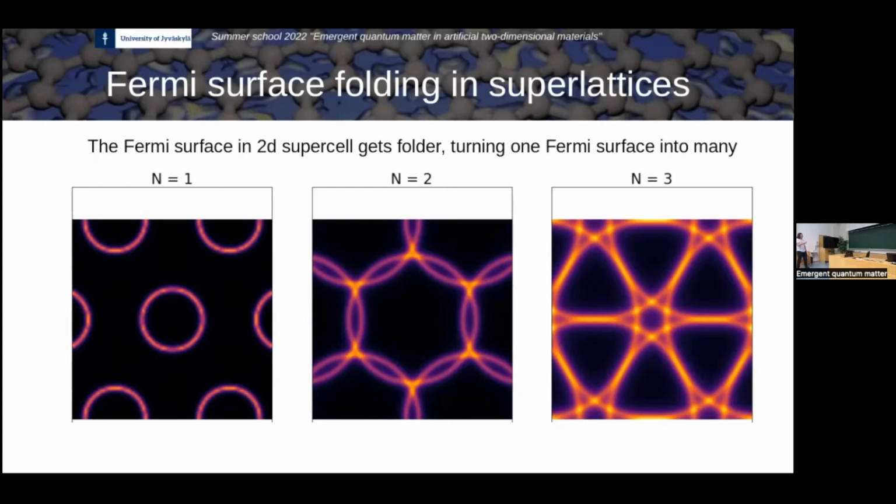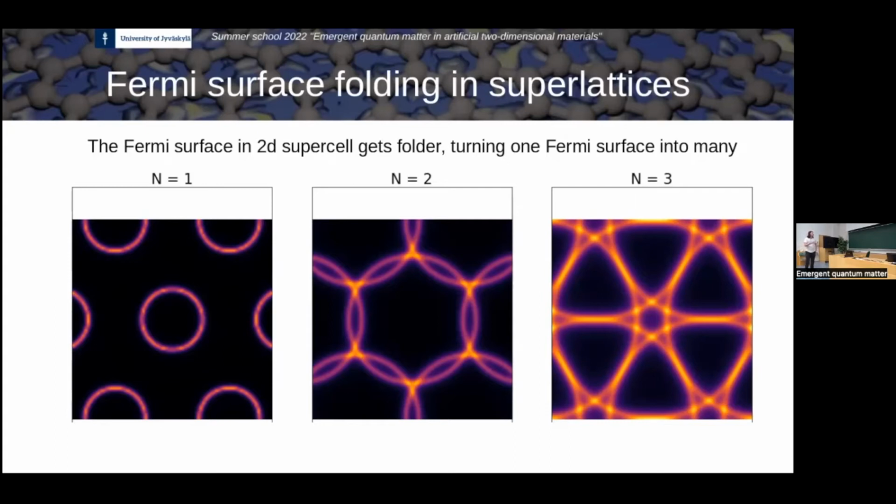But let me emphasize that to go from this to this, the only thing that you have to do is to repeat this Fermi surface in space and displace it. So you can actually identify that this circle here is this circle here, and all these other circles there are just the repetition that you get from this supercell.